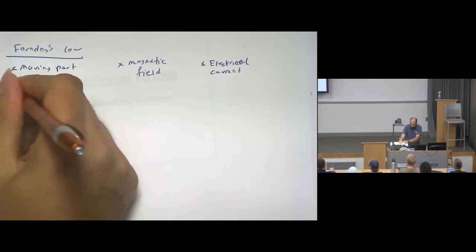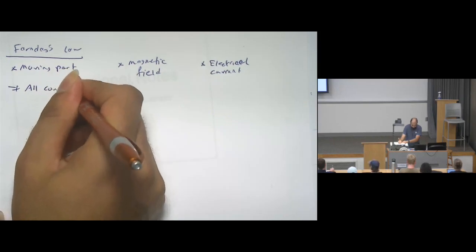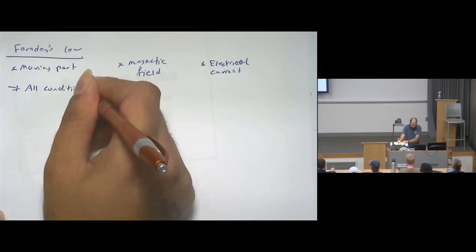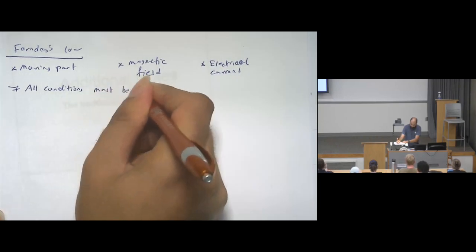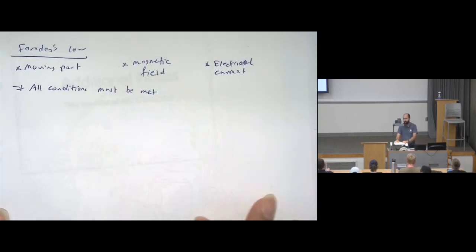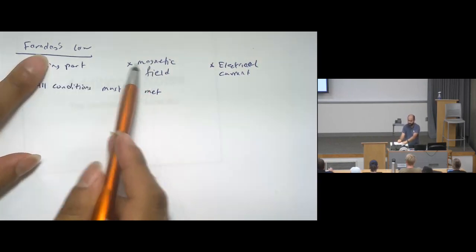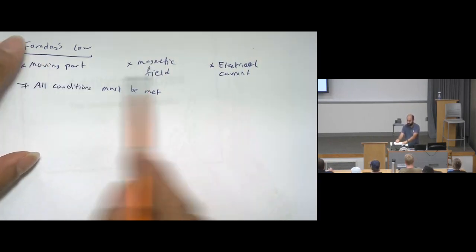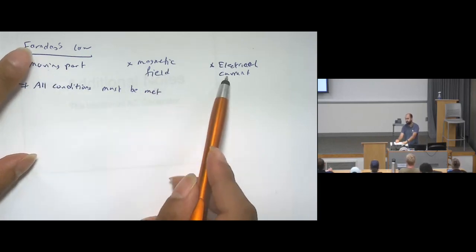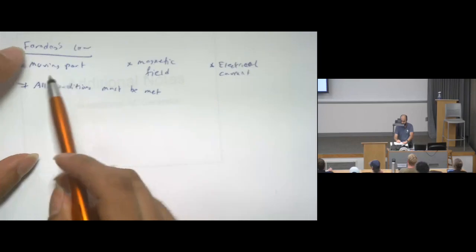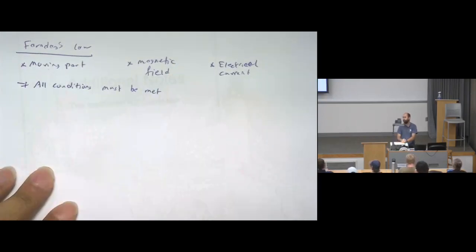Faraday's law says that all conditions must be met together. What does this mean? If I have any two of these conditions, the third one must exist. If I have moving parts and a magnetic field, this should produce electrical currents. When I have a magnetic field and electrical currents, this should produce moving parts.